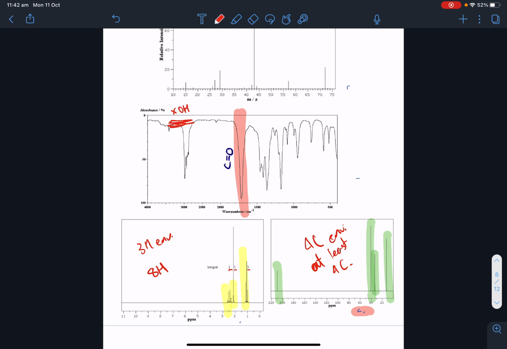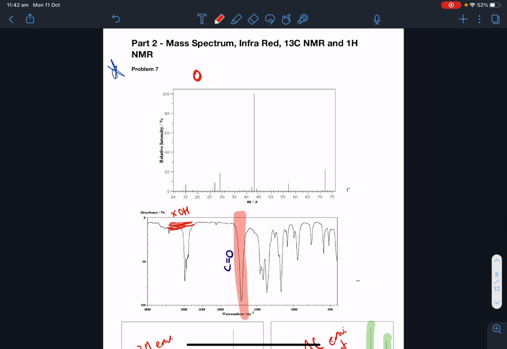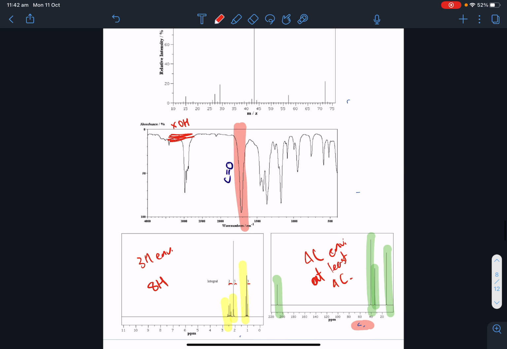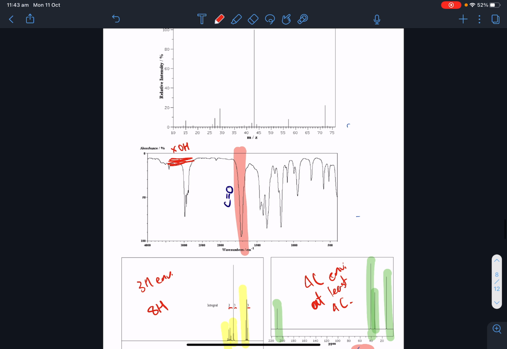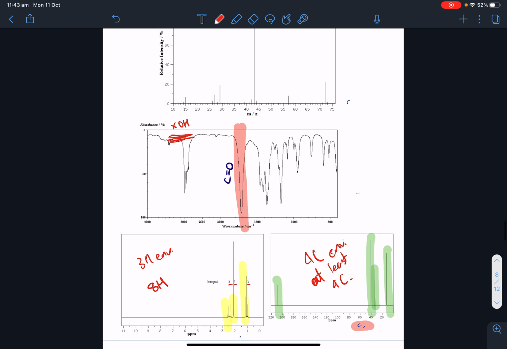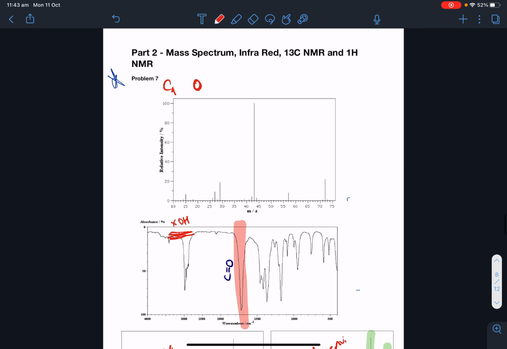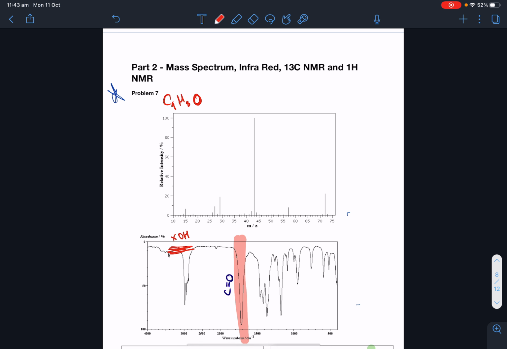See what mass you come to and check that against the mass spectrum. Okay, so 1 oxygen, 4 carbons at least. We could have more. We could have overlapping environments, but let's just see. And we've got 8 hydrogens. Okay, so the smallest kind of molecular formula we could have from that information is C4H8O.